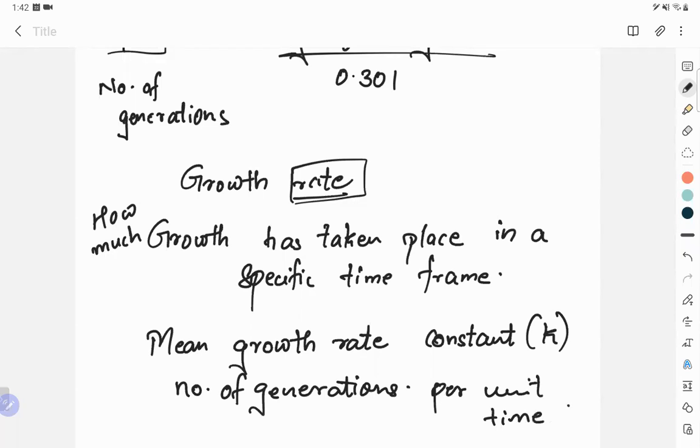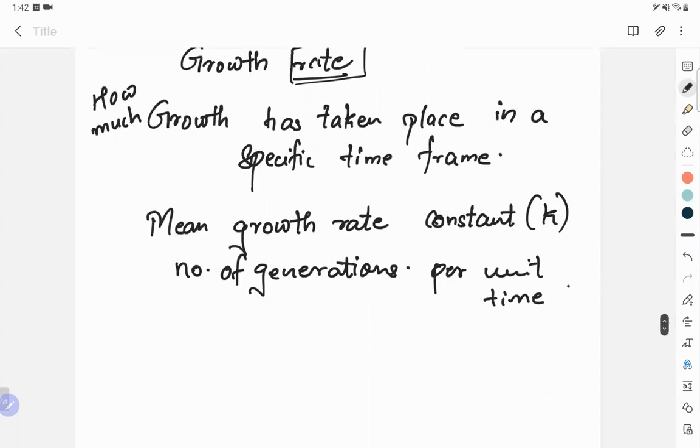So the mean growth rate constant, or small k, is telling you how many times multiplication has taken place in a specific time frame. Often, as we say, per unit time, this is expressed in per hour, that is, how many generations have we formed per hour.